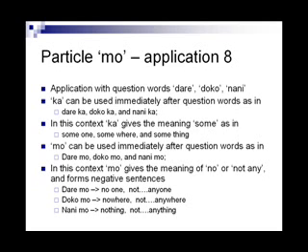Ka can also be used immediately after these question words, as in dare ka, doko ka and nani ka. In this context, ka gives the meaning of some, as in someone, somewhere and something respectively. The question particle ka can still be used at the end of the sentence to form questions.